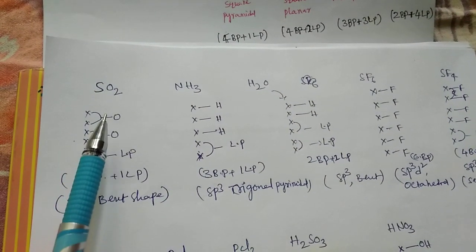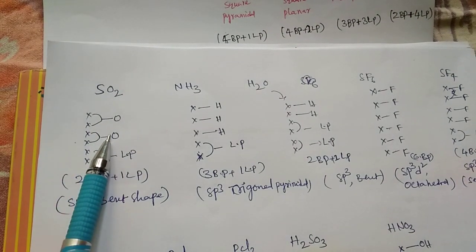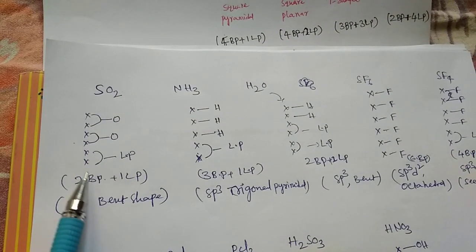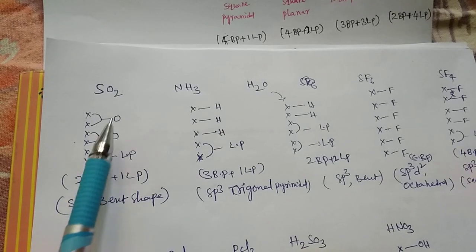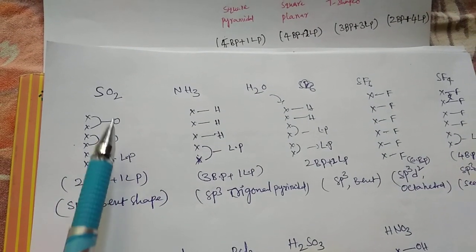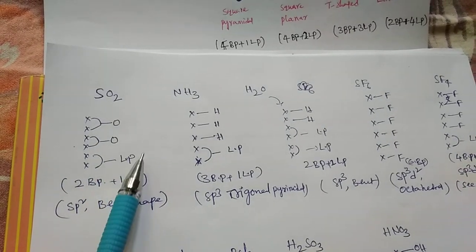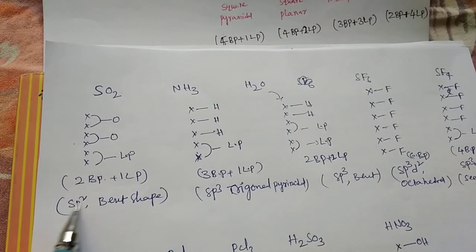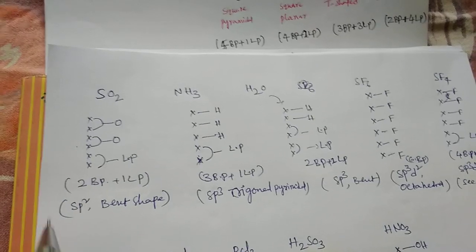So you consider this is one bond pair, this is another bond pair, one lone pair: 2 bond pair, one lone pair. One is s orbital, one is p orbital, another lone pair is also p orbital only. So s, p1, p2: sp2 hybridization, like this.